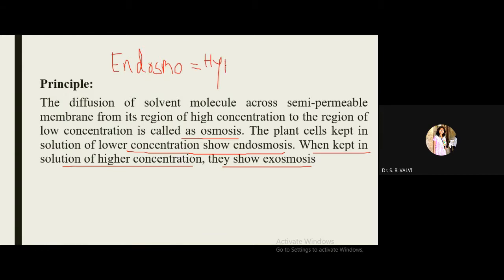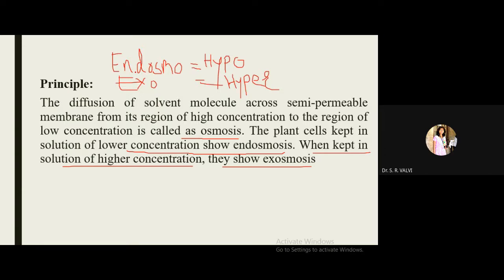Endosmosis is in a hypotonic solution, whereas exosmosis is in a hypertonic solution. Please do remember these things. So why does the hypertonic solution lead to exosmosis and the hypotonic to endosmosis?